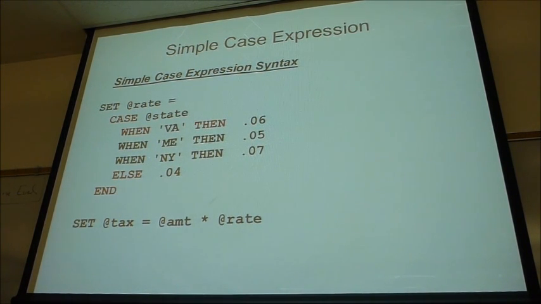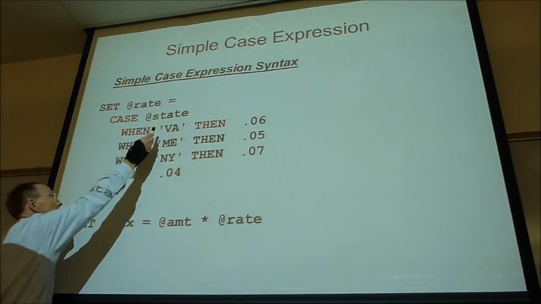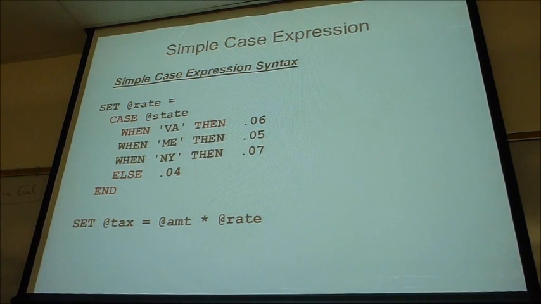That was the other option. But this is a lot nicer, because with if else you'd have assignment statements in each of these clauses. So this is a lot cleaner. It's more efficient because the statement stops processing when it finds a match.